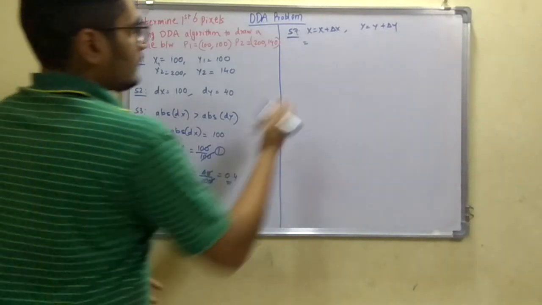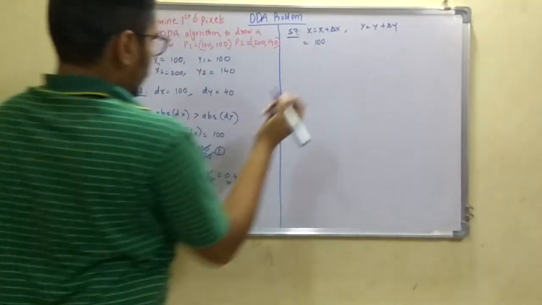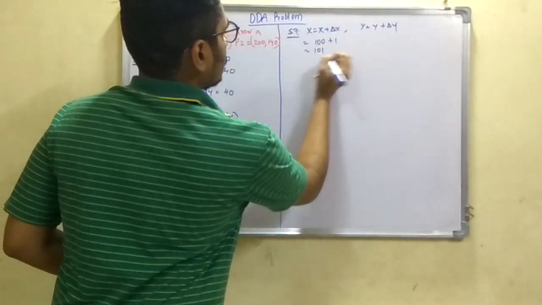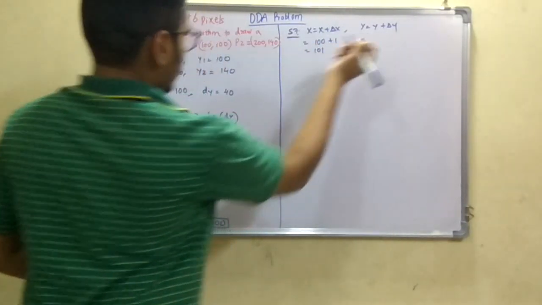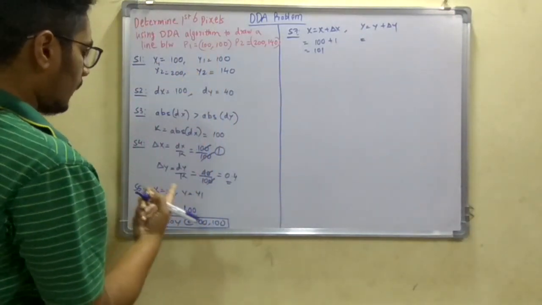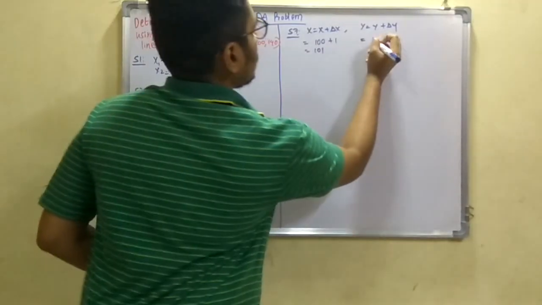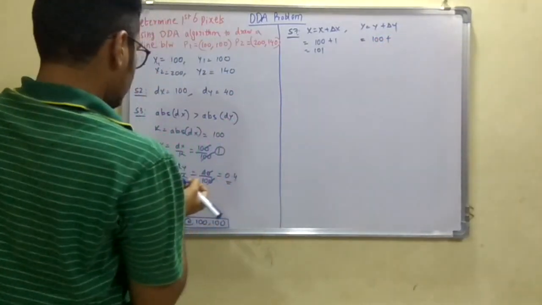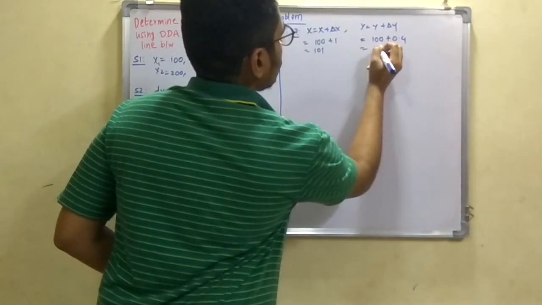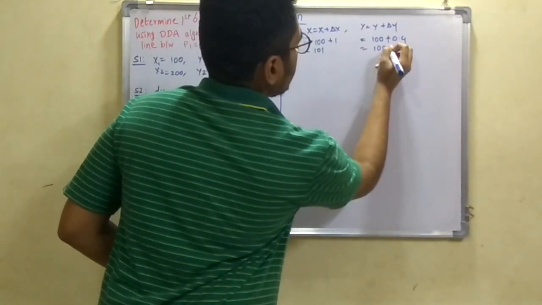So we have x as 100 and delta x as 1, so it is 101. And y is 100 and delta y is 0.4, so it turns out to be 100.4.